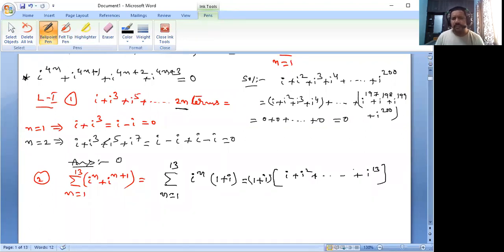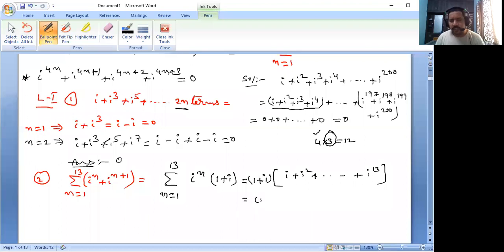Already we know that i plus i square plus i cube plus i power 4, the sum is 0, or not? 13 terms are there. 4 into 3 is 12. Take 4 terms, 1 unit. Like that, 3 units we are getting. So the sum is 0. Then what is remaining? The last one, i power 13.